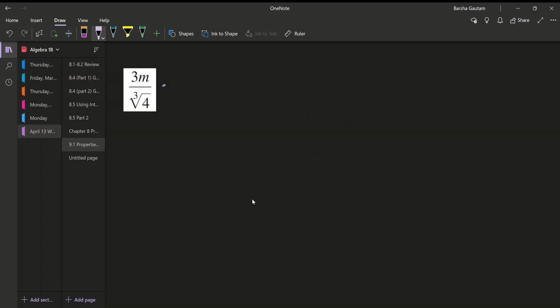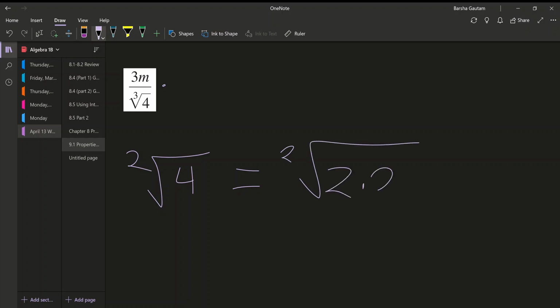So let's try a couple different ideas real quick here. Right now, if we do the square of 4, we'd have 2 to the power of 2 times 2, right? And this would be equal to 2.